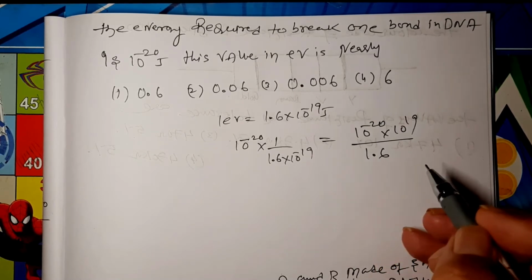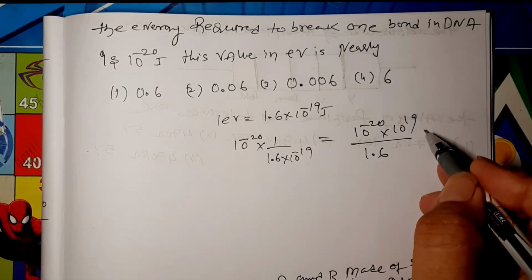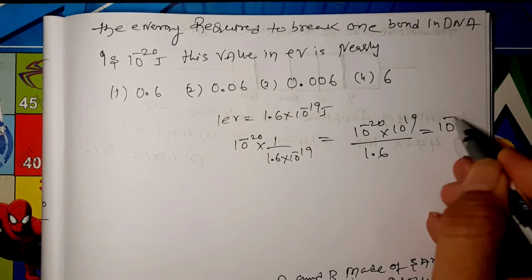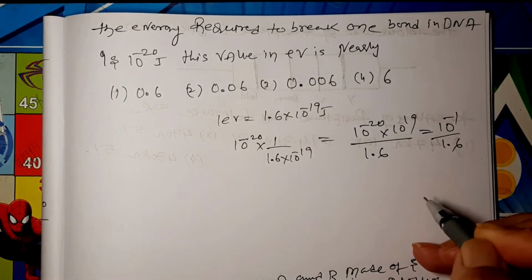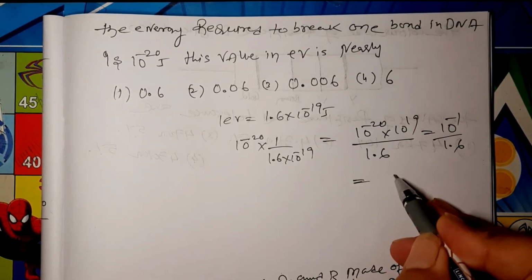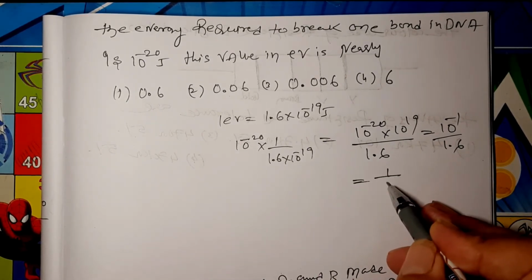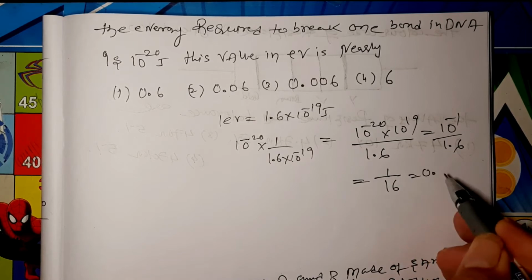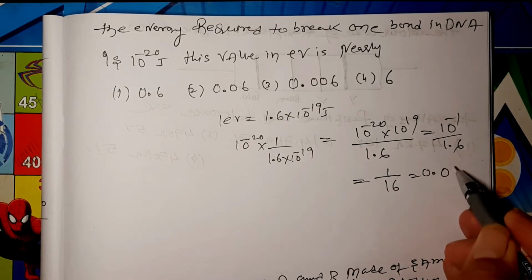So here 10 to the power of minus 1 by 1.6, that is equal to 1 by 16, which is 0.0625.